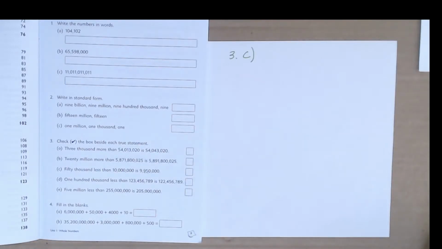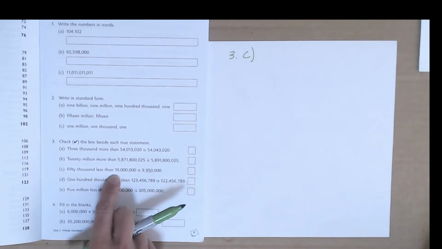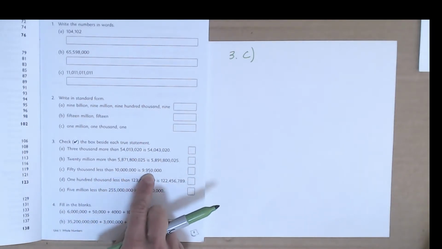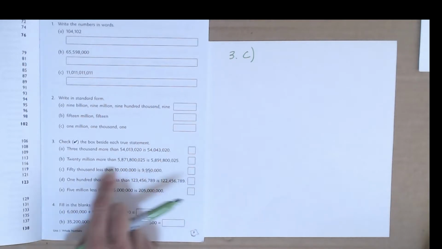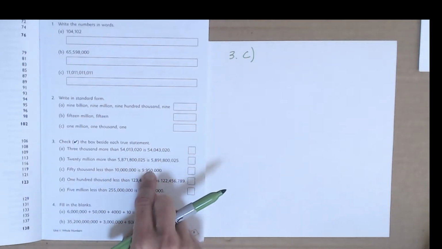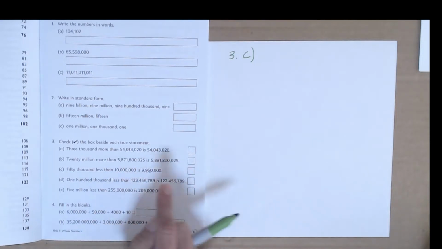All right, let's look at 3C. 50,000 less than 10 million is 9,950,000. Now, a good way to think about this one is to ask yourself, if you added 50,000 to this number, would you get this number? So let's check that.